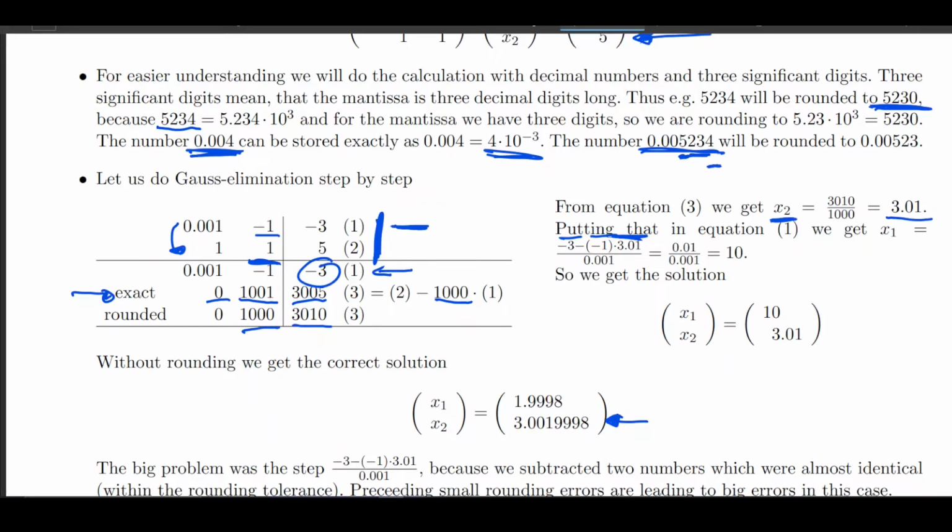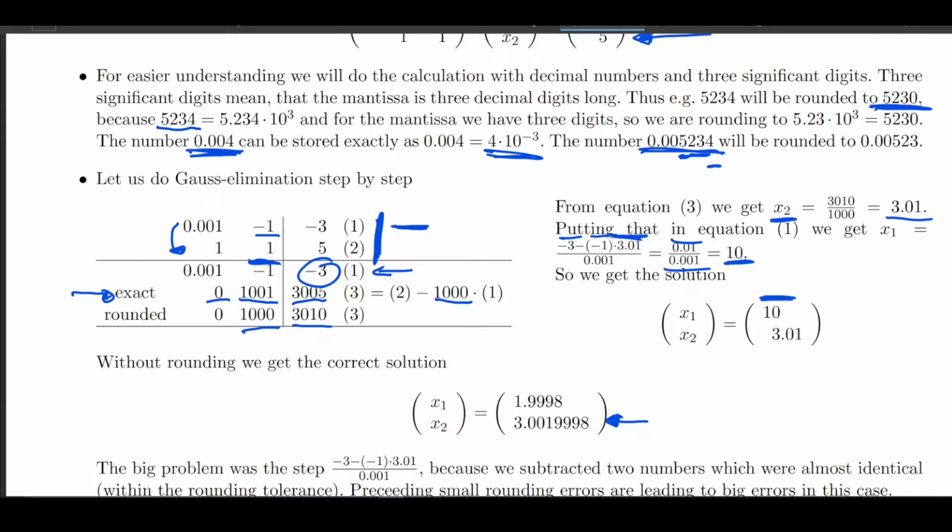And we subtract two numbers which are very, very close together, and that is numerically a bad idea, because subtraction working with floating point numbers is a very, very bad idea if the numbers are very close. So in this case we get 0.01 divided by 0.001, and in this case we get a 10. So our solution for x1 is 10.